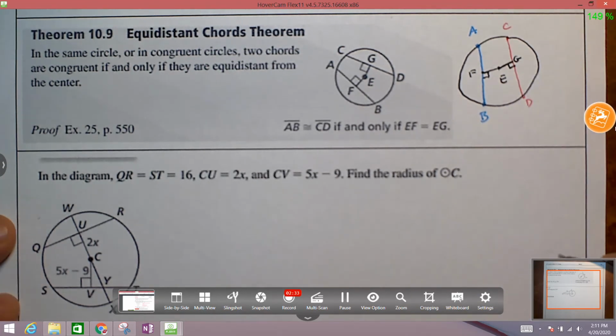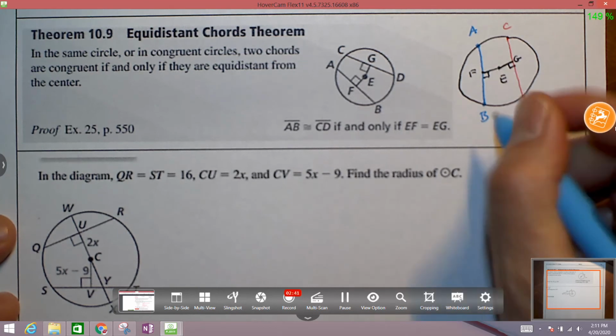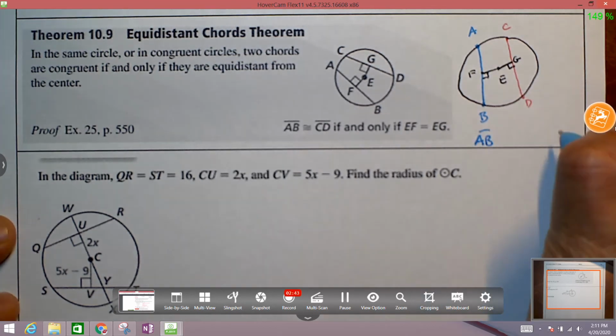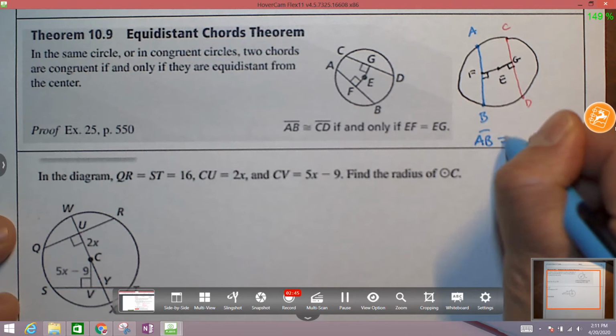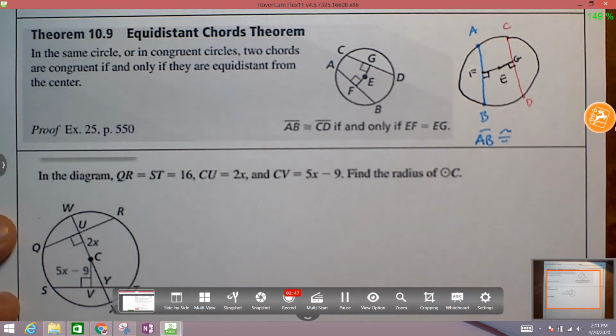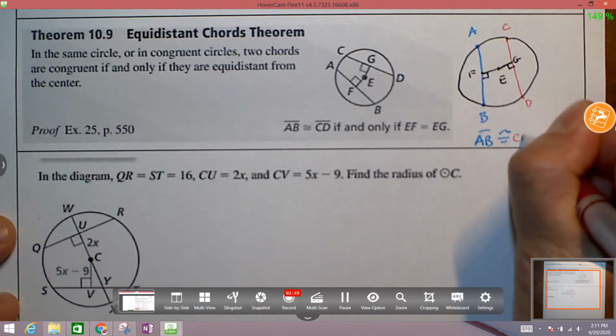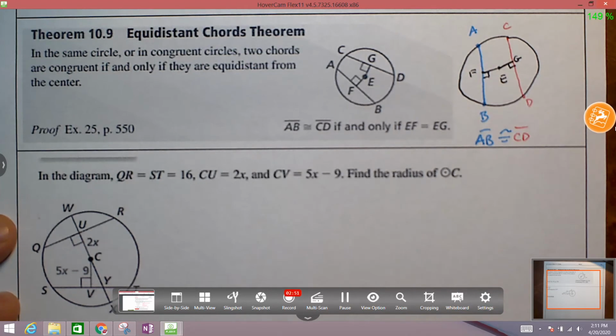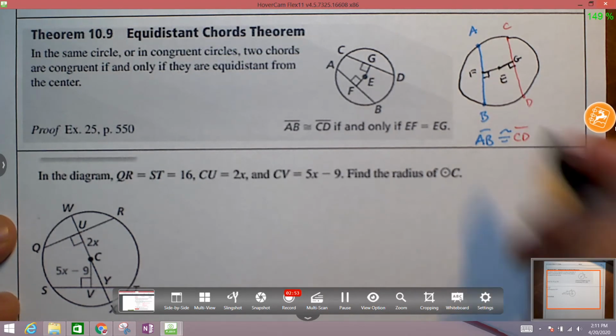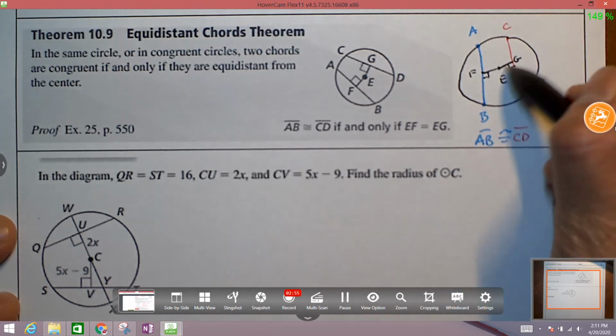So now what we know is that if segment AB is congruent to segment CD, then we can conclude that EF is equal to EG.